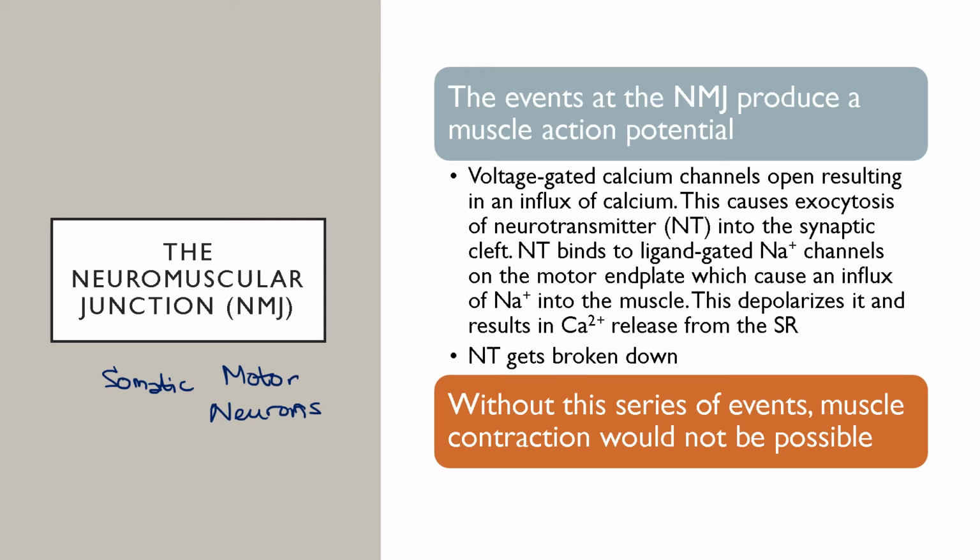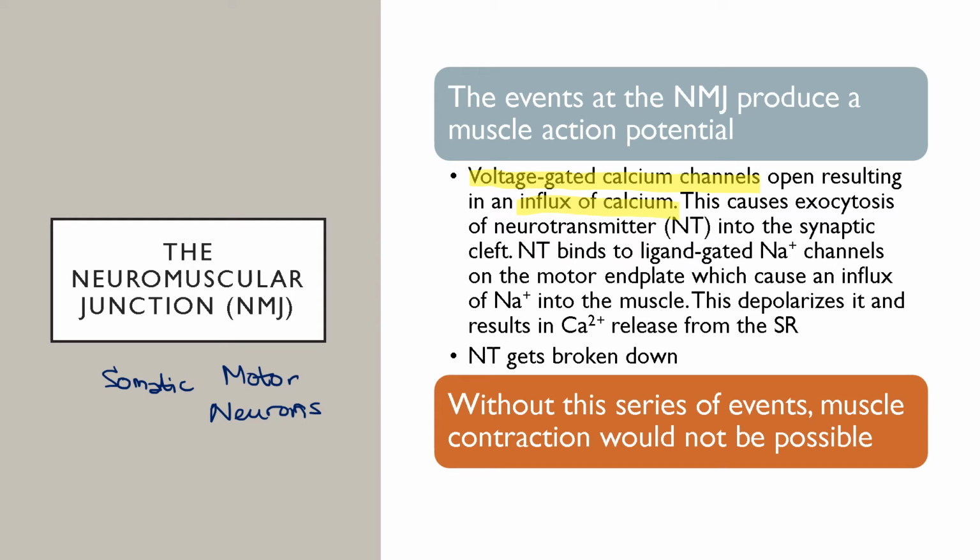So as an action potential comes down the neuron, comes to this neuromuscular junction, it brings about an action potential in the muscle also. There are voltage-gated calcium channels that will open, resulting in this massive influx of calcium.